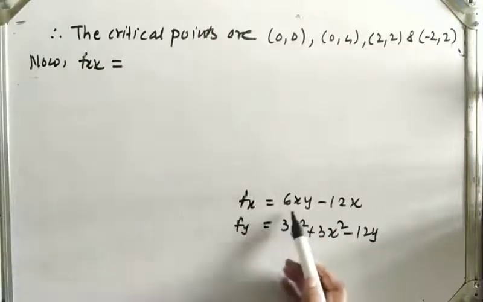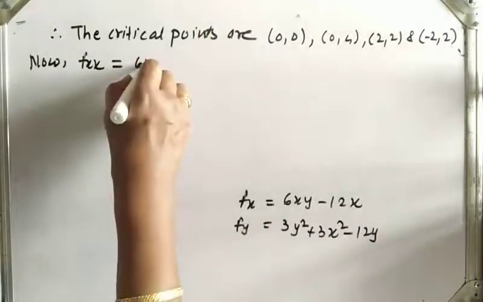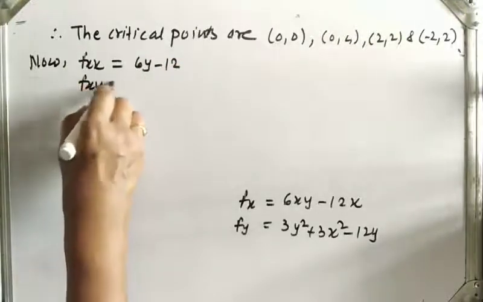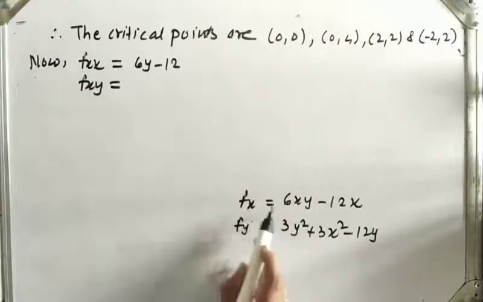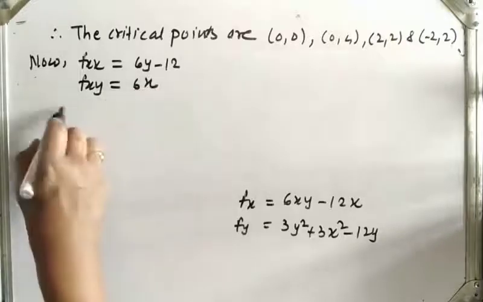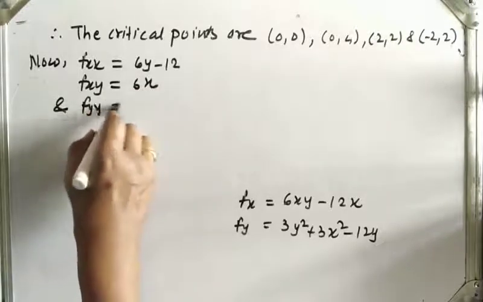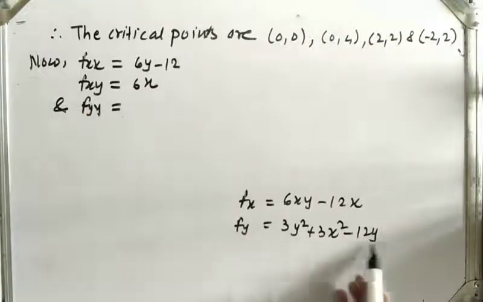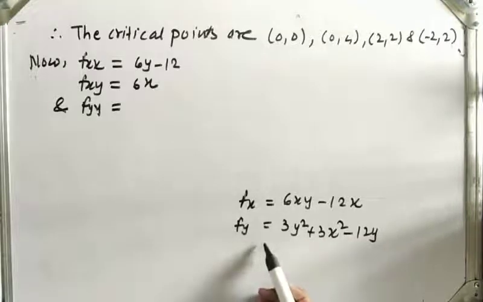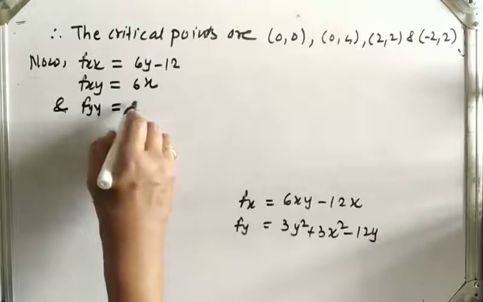Derivative of fx with respect to x, that will be 6y minus 12. Then fxy means partial derivative of fx with respect to y, so that will be 6x. And fyy, the partial derivative of fy with respect to y, will be 6y minus 12.